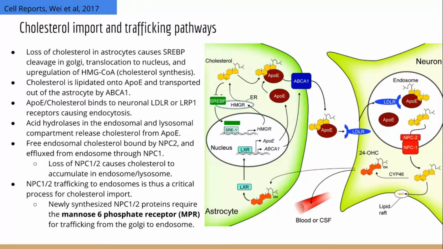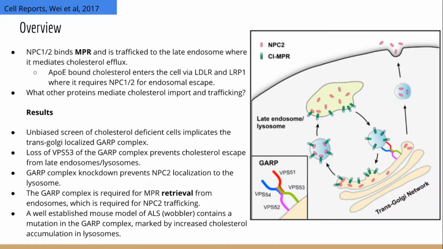Now that we have a good understanding of cholesterol trafficking, we can go through the paper. NPC2 binds to MPR and is trafficked to the late endosome where it mediates cholesterol efflux. APO-bound cholesterol enters the cell via the LDLR and LRP1 receptors, and then requires NPC1 and 2 for endosomal escape.